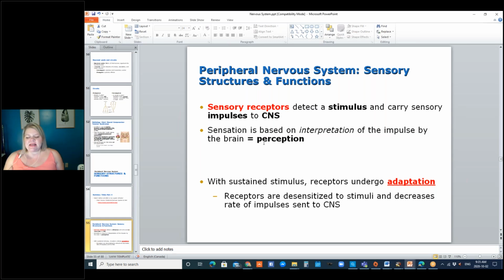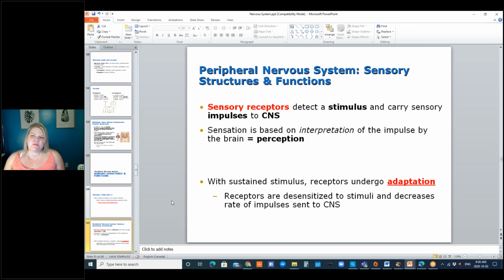When you have a sustained stimulus, so a receptor is constantly being stimulated, a receptor may undergo something called adaptation, which means that the continuous stimulus no longer produces an action potential that's strong enough to create an effect. And they're desensitized.